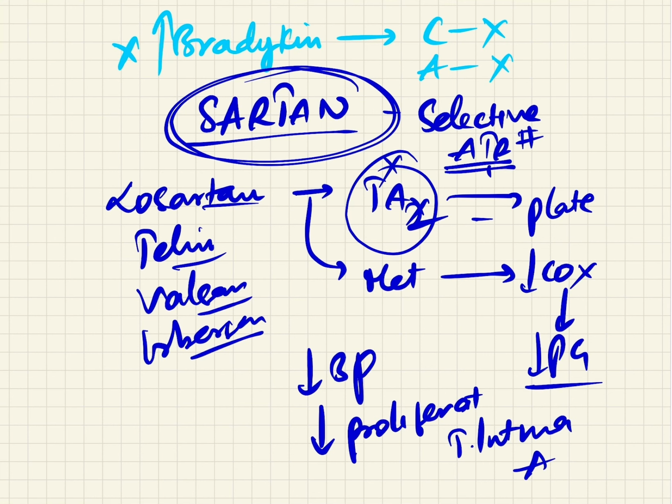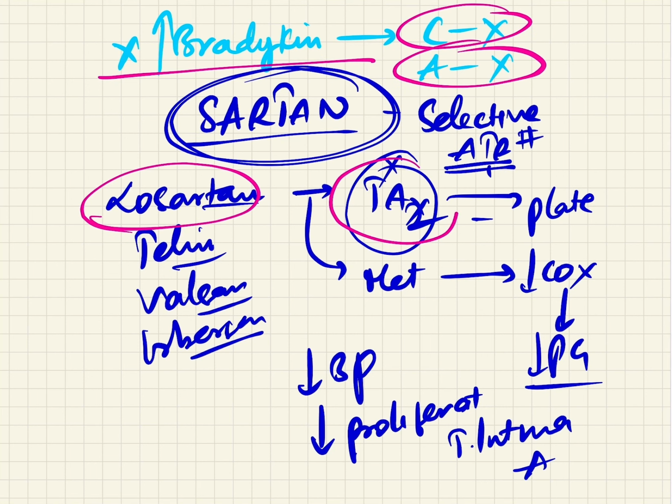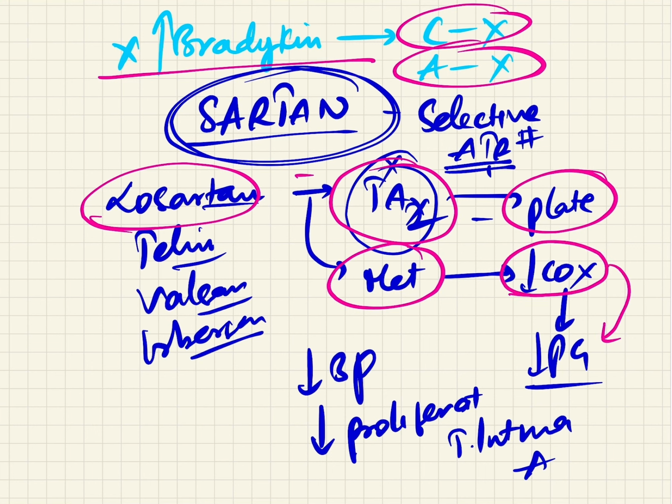So the advantages ARBs have over ACE inhibitors are, one, there is no bradykinin, no cough, no angioedema, and losartan inhibits thromboxane A2, which inhibits platelet aggregation, and one of its metabolites decreases the cyclooxygenase enzyme, which decreases prostaglandin synthesis, and it also reduces the proliferation of the tunica intima of the artery.